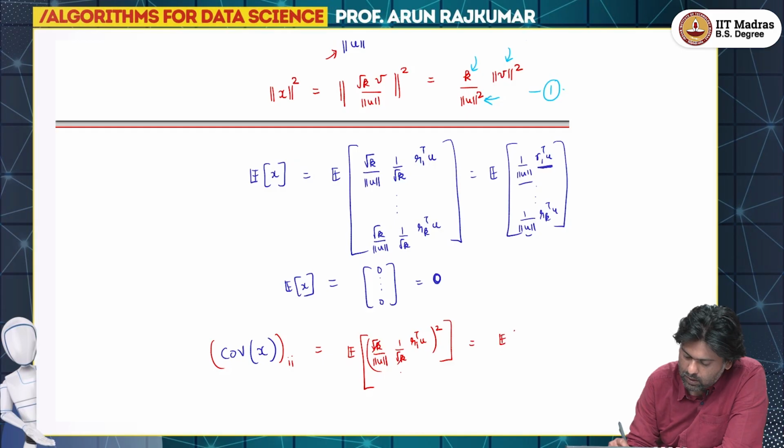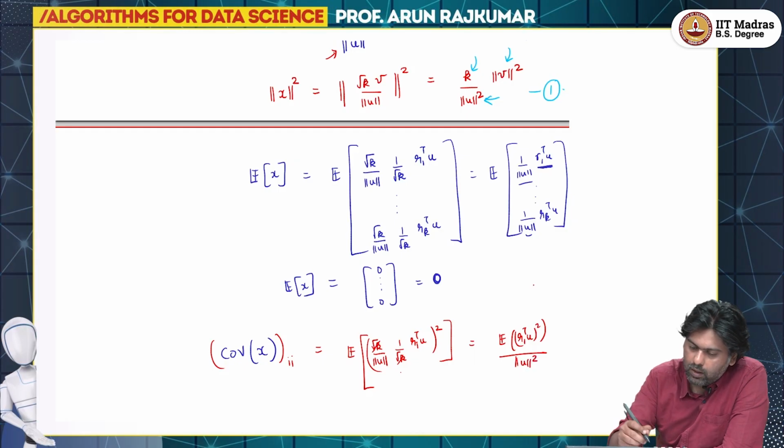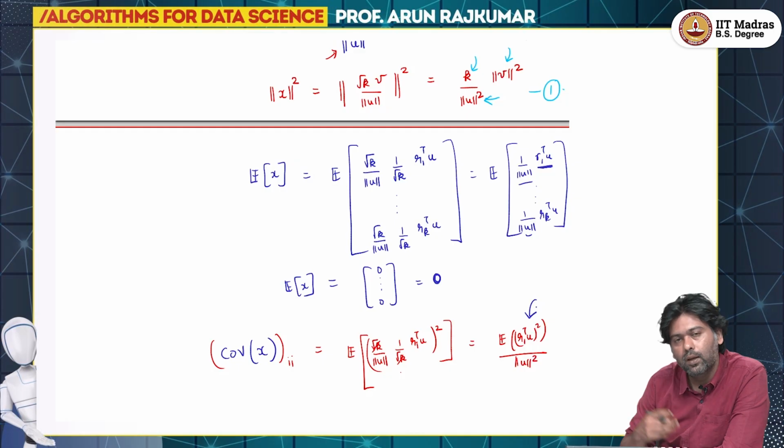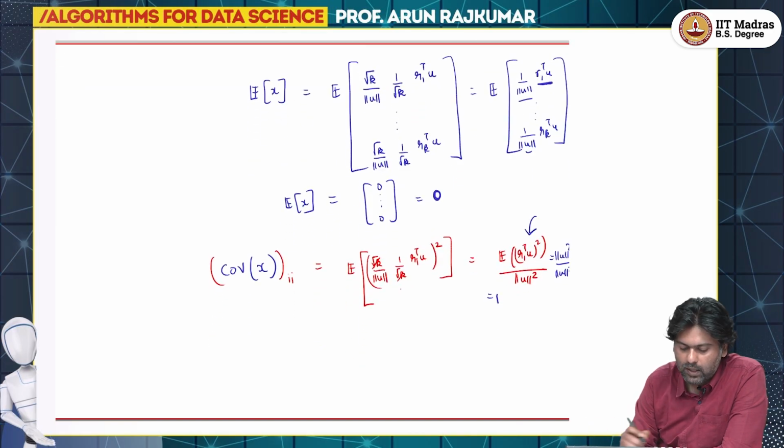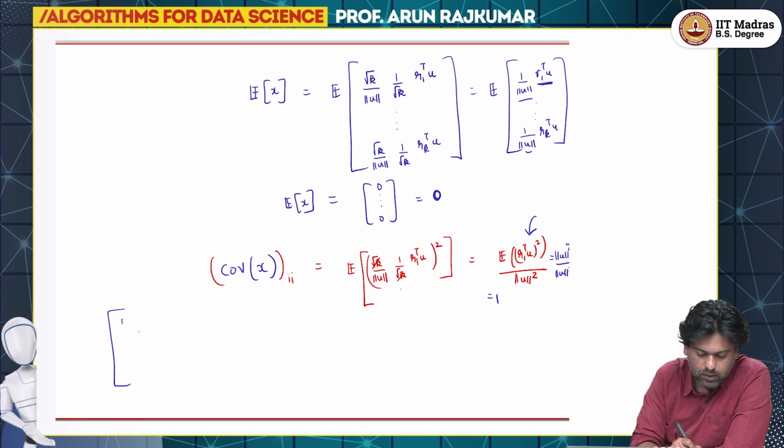This is just the expected value of r1 transpose u squared by norm u squared, but we already argued the expected value of r1 transpose u squared is in fact norm u squared. So, this is norm u squared by norm u squared, which is just 1, which means that the diagonal entries of this covariance matrix are all 1.